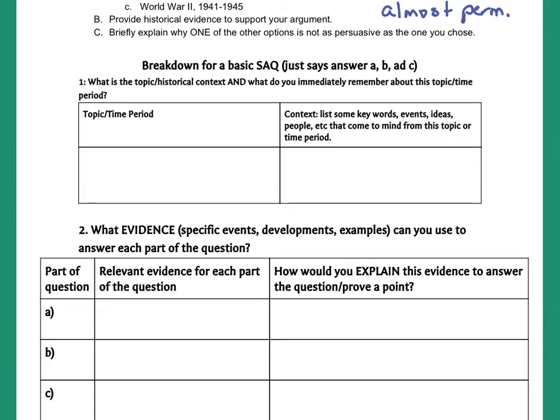The goal of this type of SAQ is to figure out, can you establish a historically defensible argument to prove a point? So again, you will do the topic and time period. You would do the brain dump. So you'll answer part A only. B and C are optional.